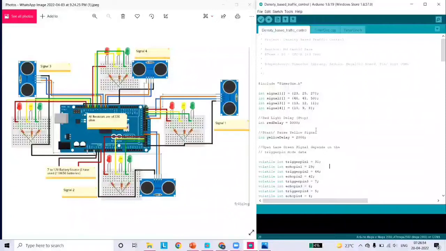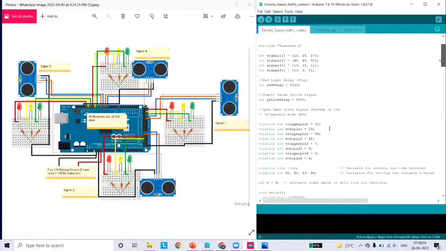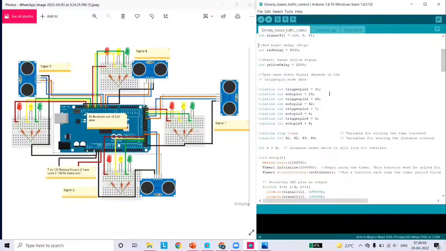And this goes up to signal number 4. Now we have given a red light delay of 5000 milliseconds or 5 seconds and a yellow light delay of 2000 milliseconds. The green signal depends on the trigger pin mode data.